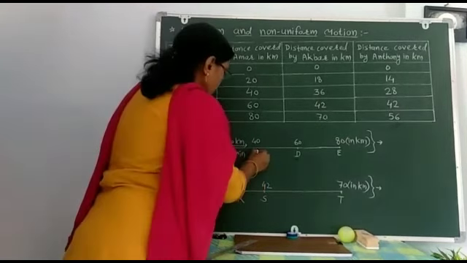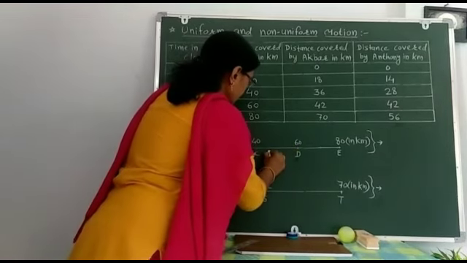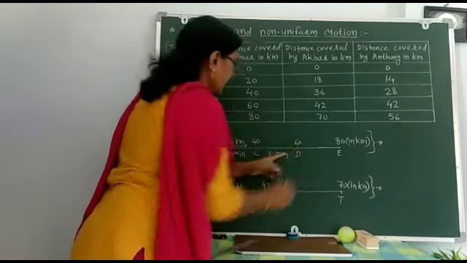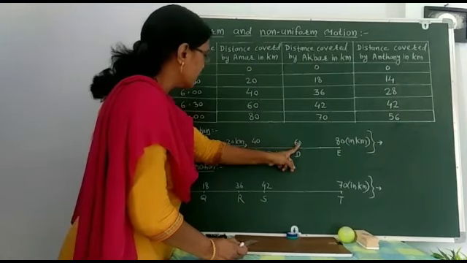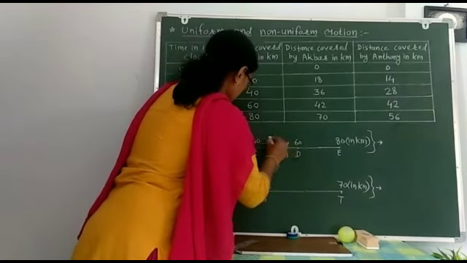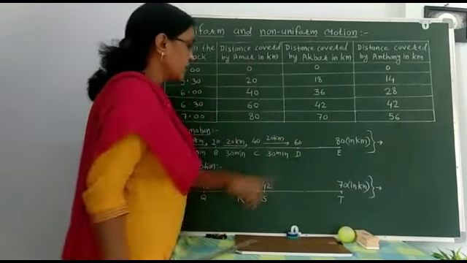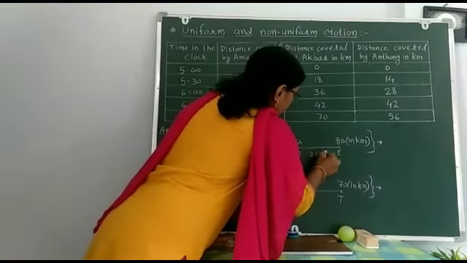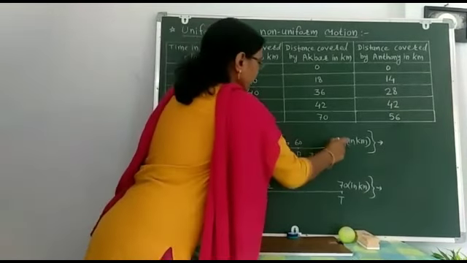Now from C to D the time interval is 30 minutes, and at point D he covers the distance 60 kilometers, means from C to D he travels the distance 20 kilometers. Now from D to E the time interval is 30 minutes and he covers the distance 60 to 80.